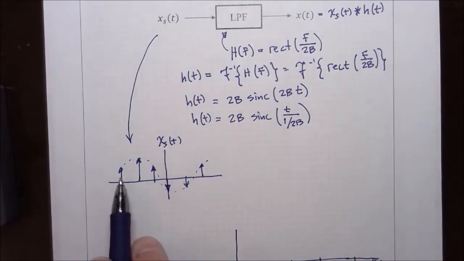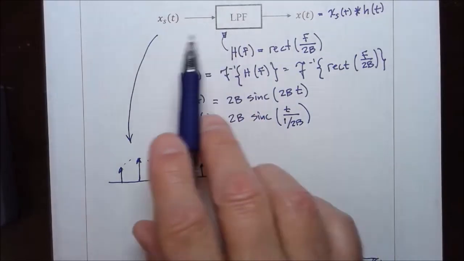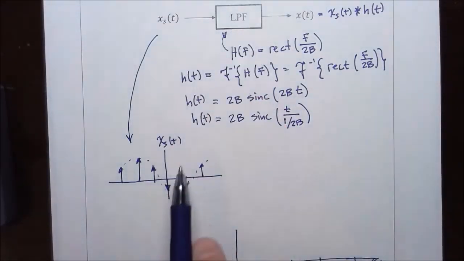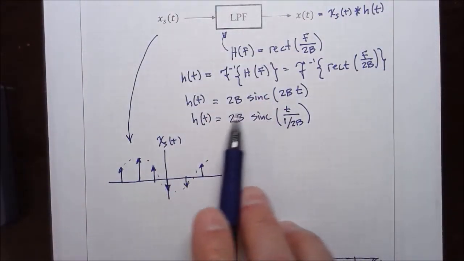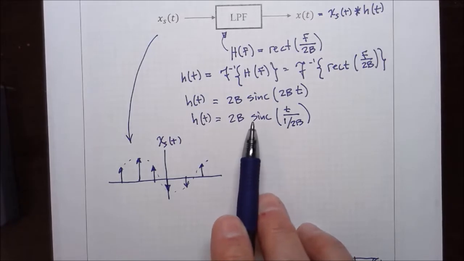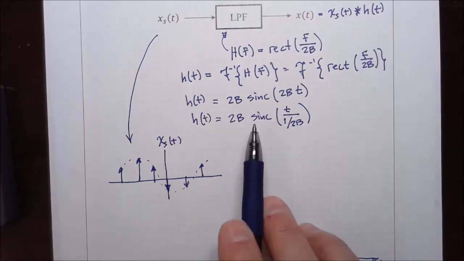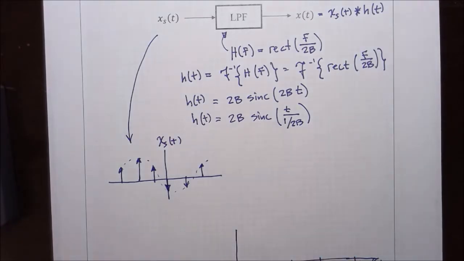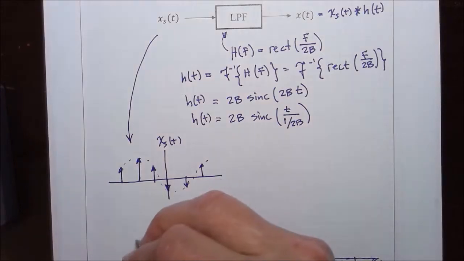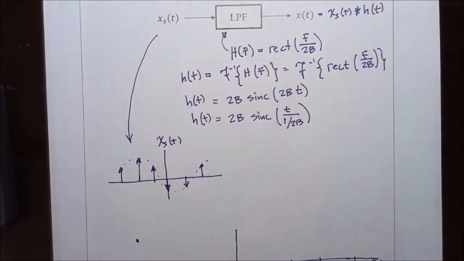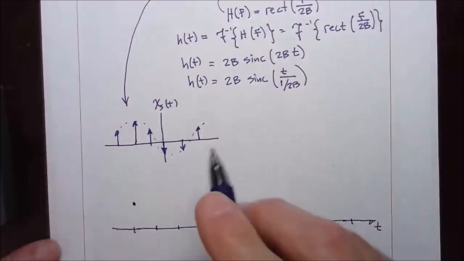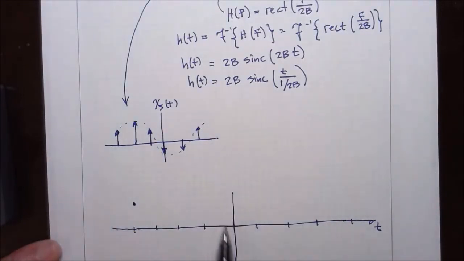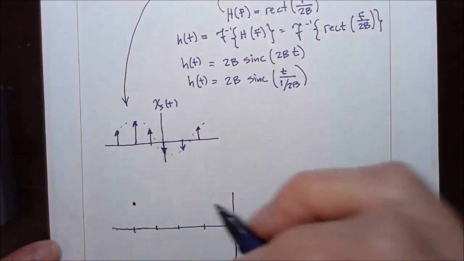So when this delta function is input into the low-pass filter, the result is this sinc function that would have a certain magnitude given by the magnitude of the delta function.